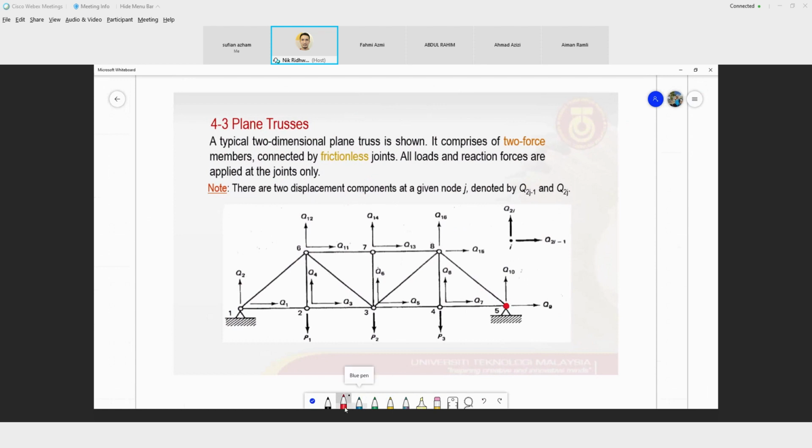Okay, kalau kita ingat sebelum ni, untuk 1D bar, kita punya elemen boleh apply, kalau dalam kita punya physical structure tu, dia boleh apply mana-mana kan. Let's say this is the center line.